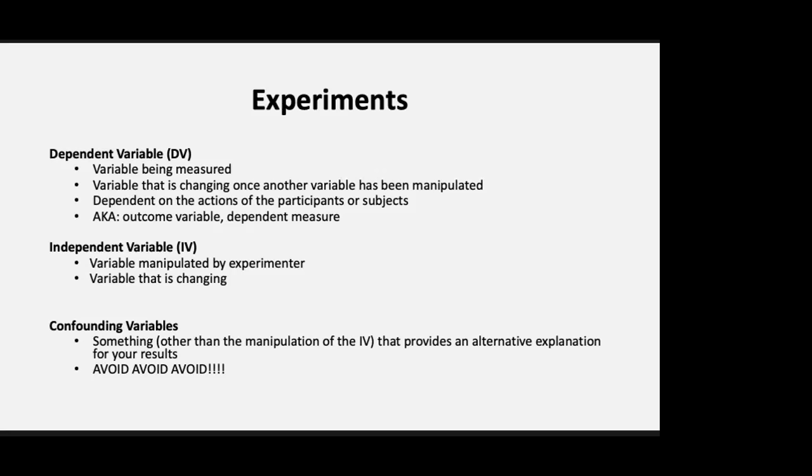Because how can you do that? The argument was, they're probably talking to themselves, but you haven't accounted for that variable, and that could be explaining your findings. That's a confounding variable that we did not account for.